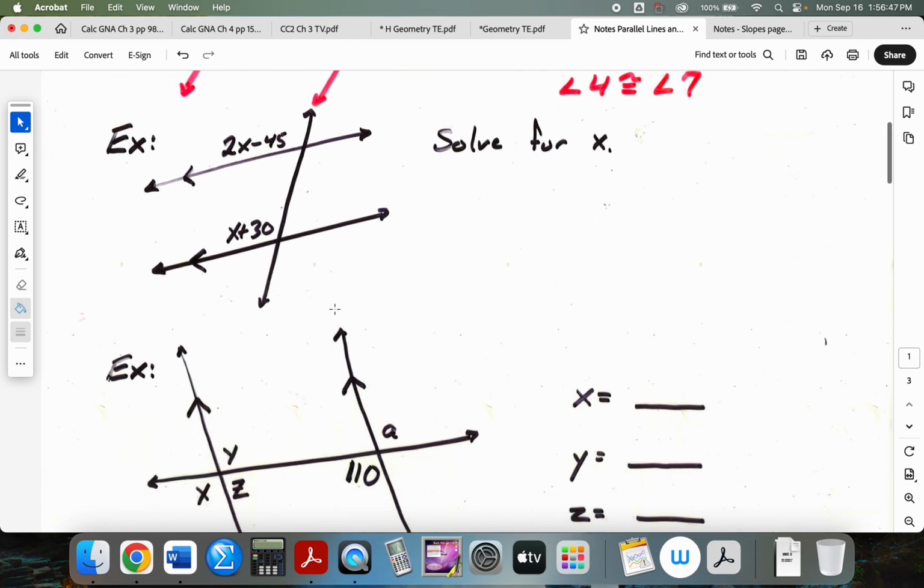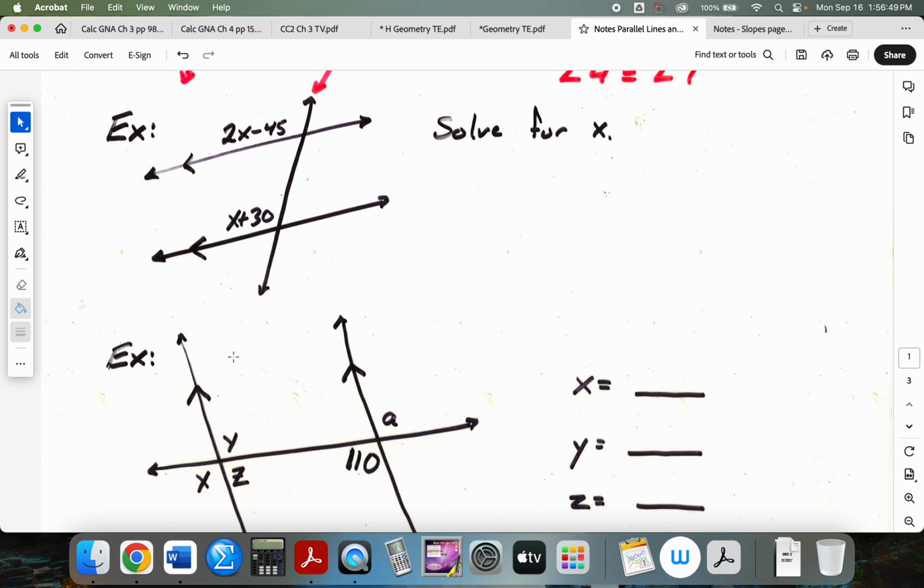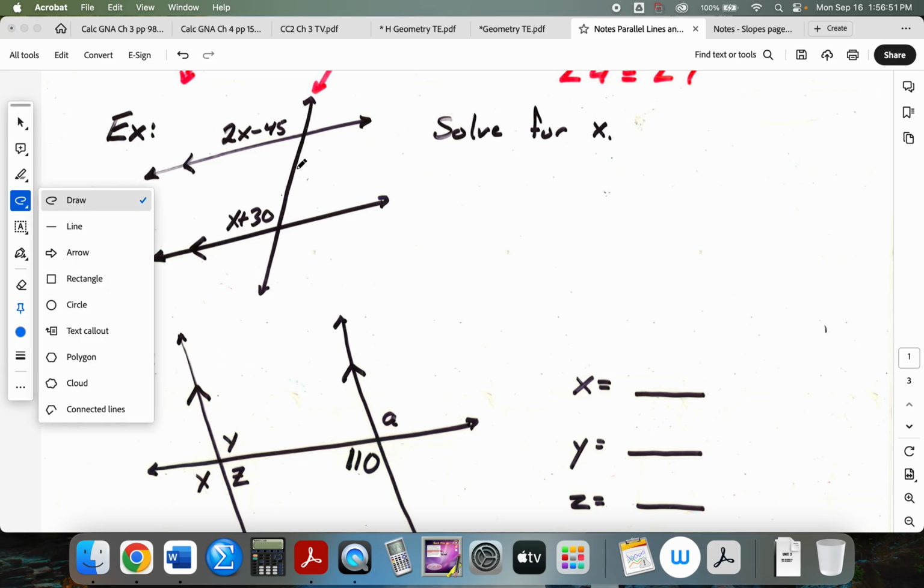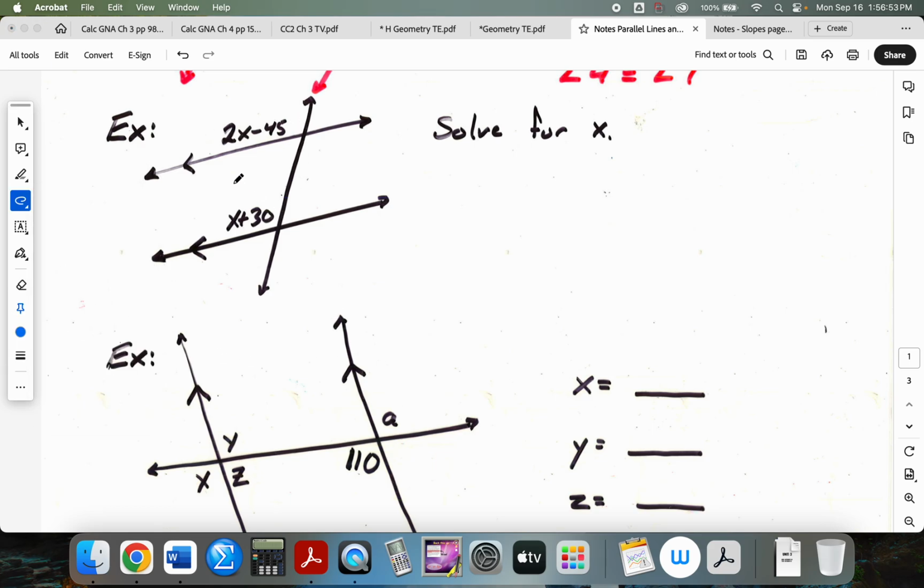How does that allow us to solve algebra problems? Well, if you look at this, these two angles are corresponding angles, and these two lines are marked parallel. Since these two are on the same transversal, those two will simply be congruent to each other. 2x minus 45 is equal to x plus 30.